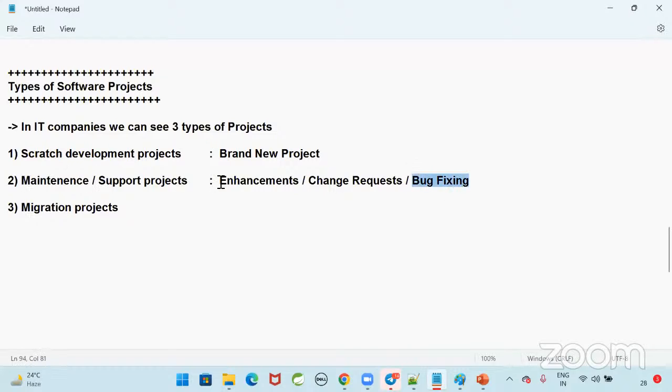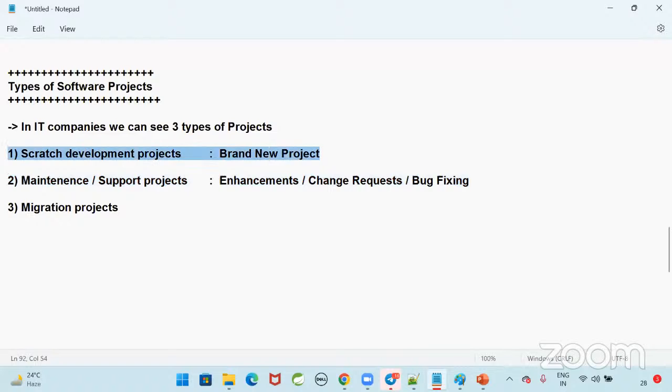Maintenance projects will have these three types of work. Your project may have an enhancement, a change request, or a bug fix. In IT companies, 80% of the people are working on maintenance projects only.